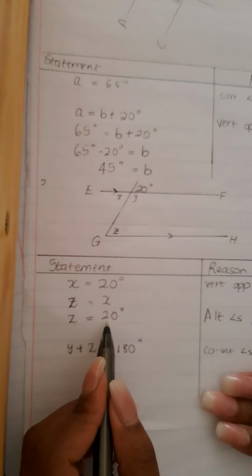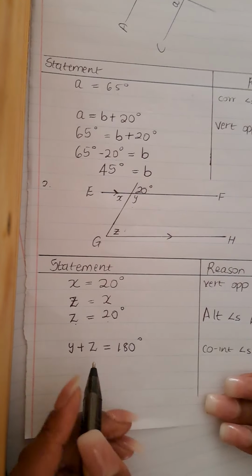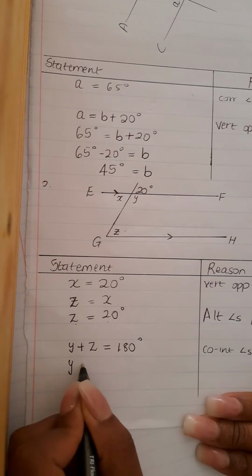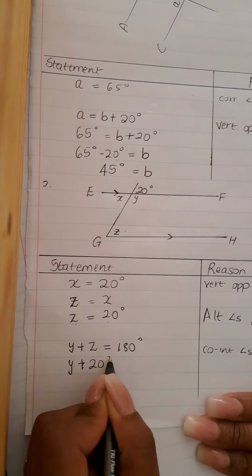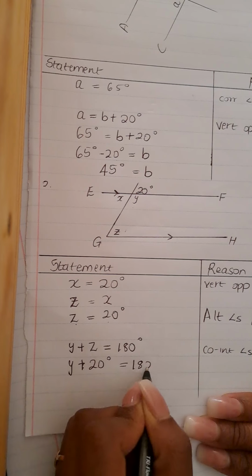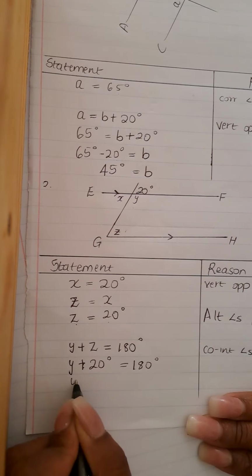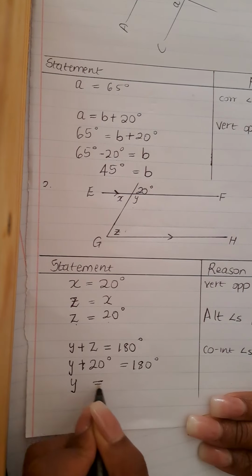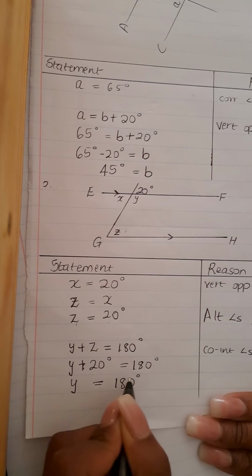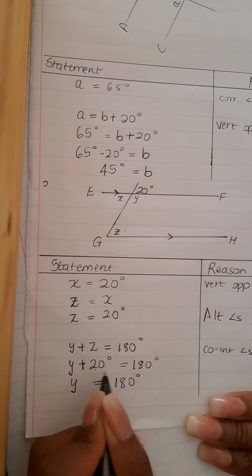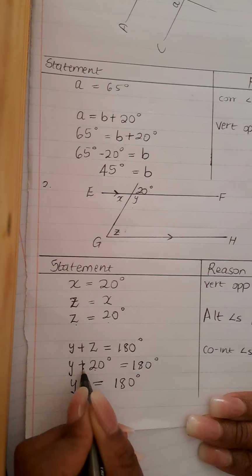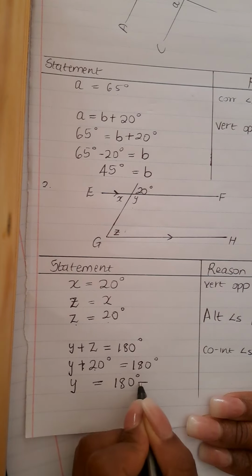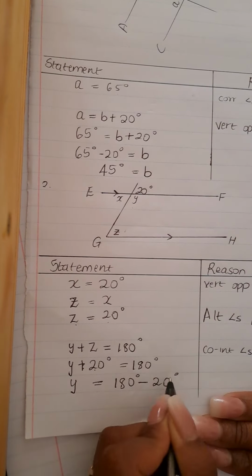We already know the value of Z. The value of Z is 20. That means we substitute 20 when we see Z, equals to 180 degrees. You bring down Y as it is equals to 180 degrees. You transpose your 20 degrees to your right hand side. On this side it is positive. When you transpose it, it will be negative 20.